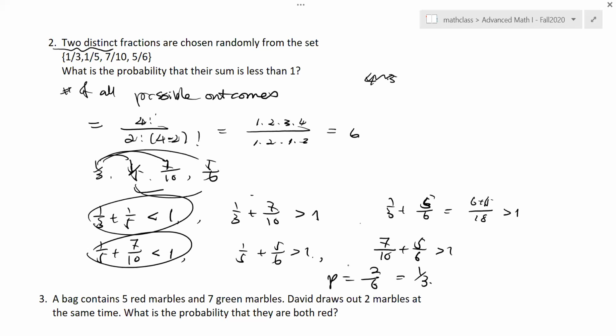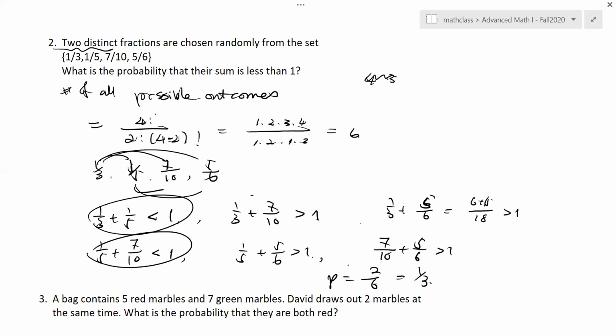This is different from 4 factorial. If I say put 4 numbers in order in a row, how many possible outcomes? Yes, that's 4 factorial. But I do not put 4 numbers in a row. I only put 2 in a row.